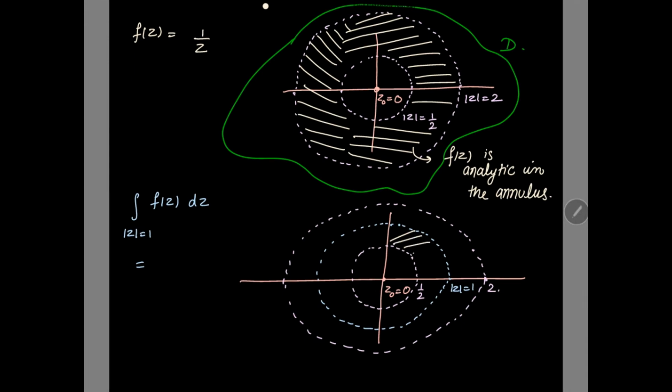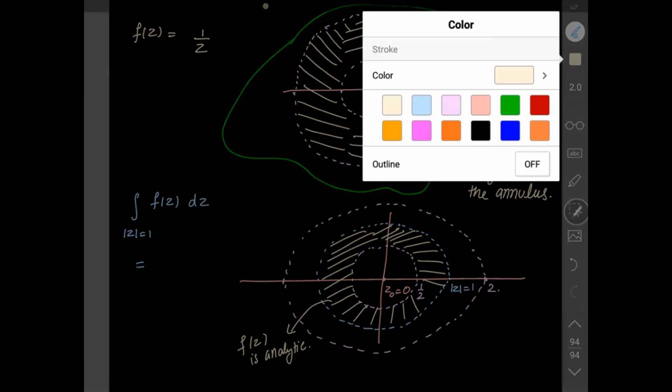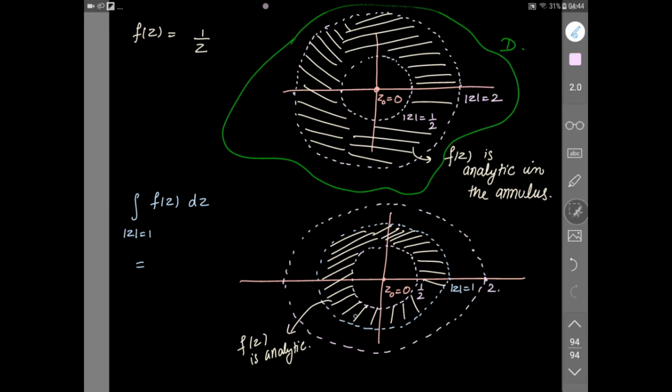So if we consider this blue circle, then some portion of this circle, the yellow shaded one, here the function is analytic, right? What about the inner part of the circle, the pink colored one, the interior? Now this yellow colored one is contained in the domain D because here the function is analytic.